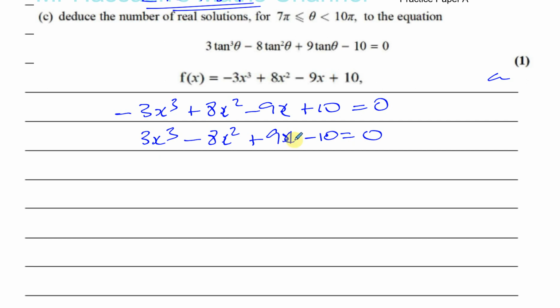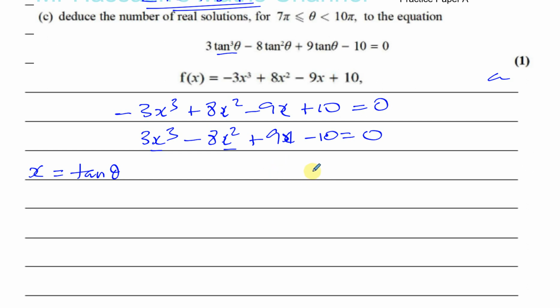And now you can see that these are exactly the same in terms of the coefficients and the powers. So in this case we can say x is like tan theta. Whether I have it in this way or this way, I'll still get the same solutions. They'll still equal 0 at the same places.